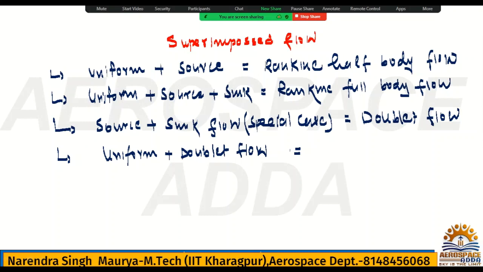Okay, uniform plus doublet is called circular flow, or cylindrical flow, but it is a non-rotating cylinder.